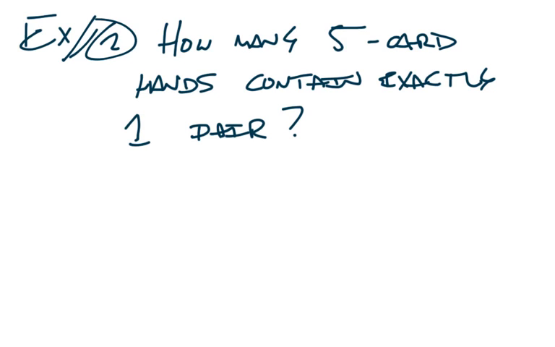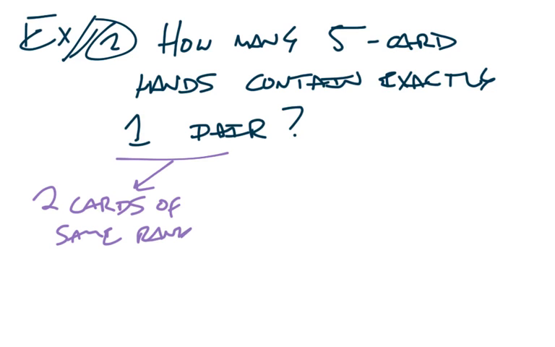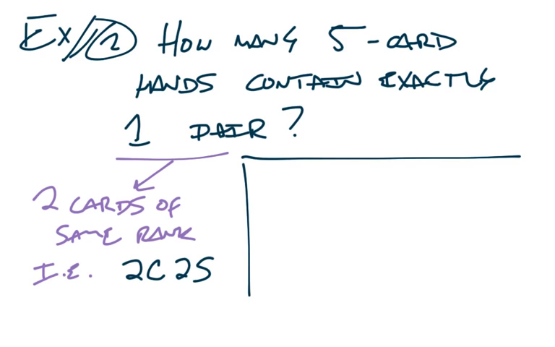Alright, and here, just in case you're unfamiliar with the language, a pair means 2 cards of the same rank. Meaning, for instance, the 2 of clubs and the 2 of spades. Alright, that would be a pair of 2s. So, how many 5-card hands contain exactly one pair?